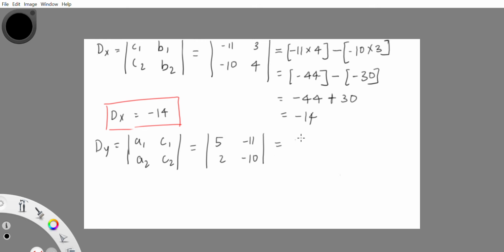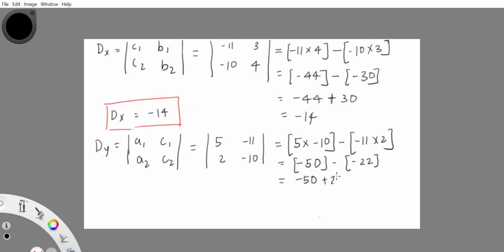This is equal to 5 into minus 10 minus 11 into 2, which is minus 50 minus of minus 22. As the bracket opens, minus and minus multiply and become plus 22, so minus 50 plus 22 becomes minus 28. So my value for Dy is equal to minus 28.